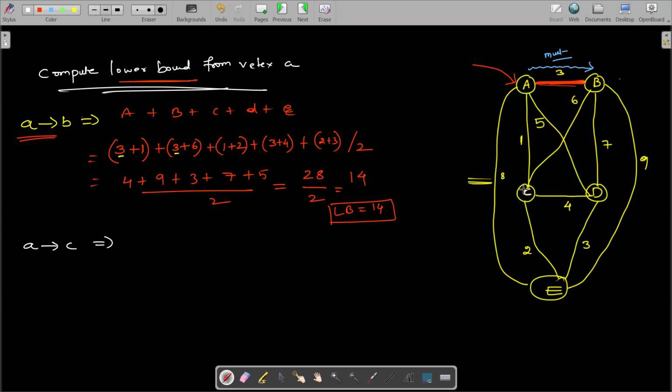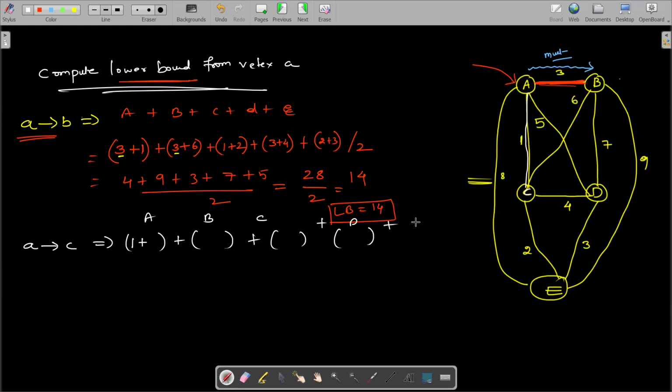A to C is nothing but this route, you must include it. That is the reason why 1, plus this is A. Again A to C, plus B, plus C, plus D.